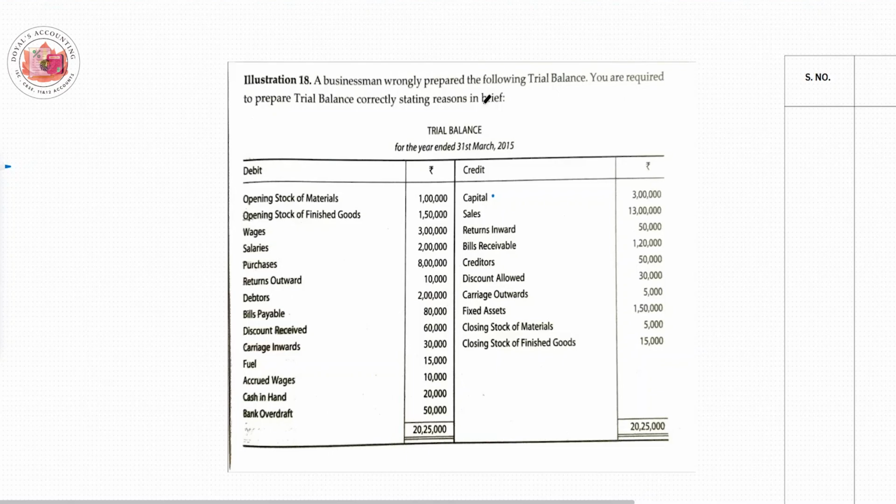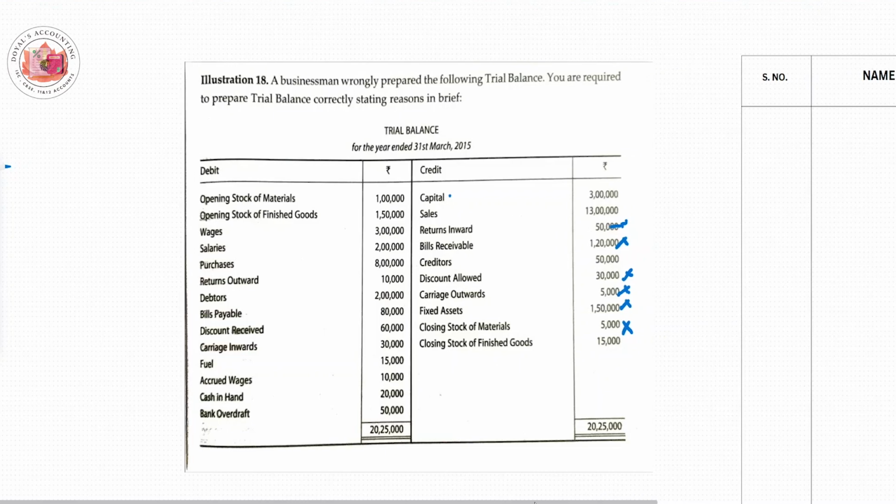I think he skipped his account classification class. Carriage outwards is an expense, it will have a debit balance. Fixed assets always have debit balances. Closing stock of materials and finished goods should not be entered only in the trial balance because they're usually shown as an adjustment.